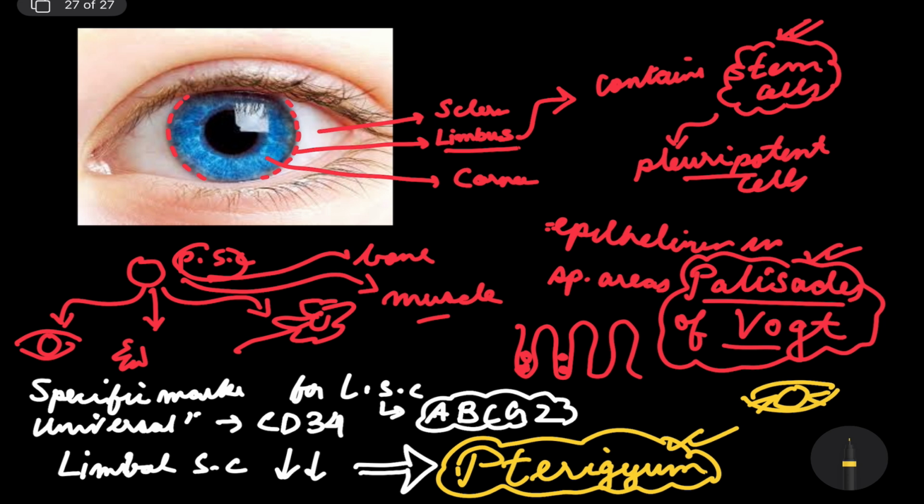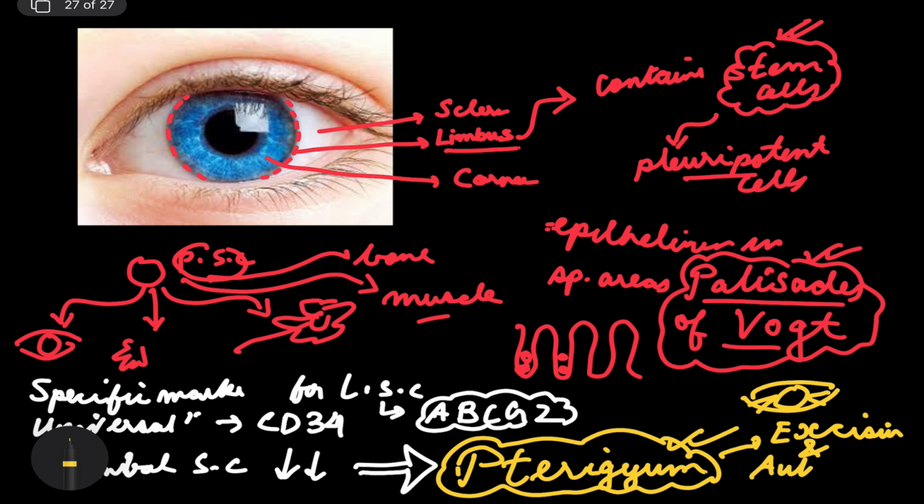Since limbal stem cell deficiency leads to pterygium, how will we deal with it? We'll talk about it later as well. We will deal with it by excision, that is, we will excise that ingrowth of the conjunctiva, and autografting, which means we will take stem cells from other parts of the same donor itself and implant them there.